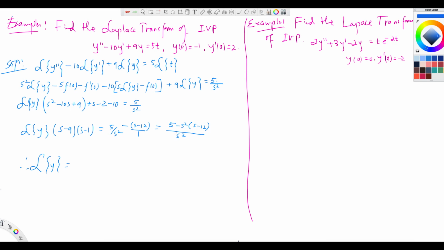So you get 5 and then negative s squared times s, minus s cubed, and then minus s times s squared minus 12 is plus 12s squared, right? So you'll write 5 minus s cubed plus 12s squared divided by s squared times that quantity, because I'm dividing both sides by that, so s minus 9 times s minus 1, which is the Laplace transform of y in this initial value problem.